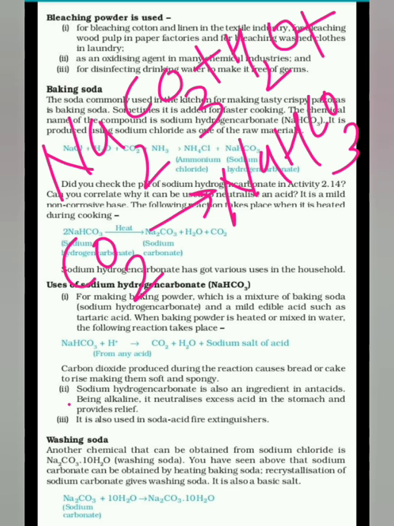Also, it is used in milk to shift the pH of milk from 6 to slightly alkaline, to avoid it turning sour or spoiling. We are adding a pinch of baking soda in the milk. Because this baking soda is basic in nature, it will neutralize the lactic acid and it will not convert into curd easily.